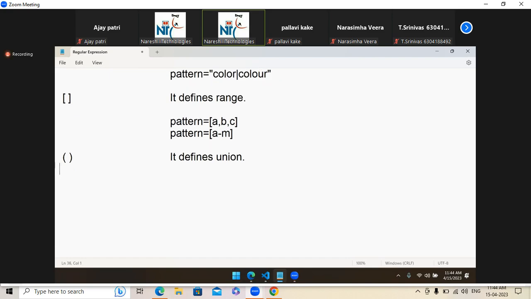Union is used for defining a union. So the pattern is equal to, suppose, a union combination like A-Z. Later I will tell you why unions are required. Something like question mark equals, dot star, like this. Later you will understand how these unions work. Union, you know, in general mathematics: 1 plus 4 plus 5 plus 6. Which one will evaluate first?